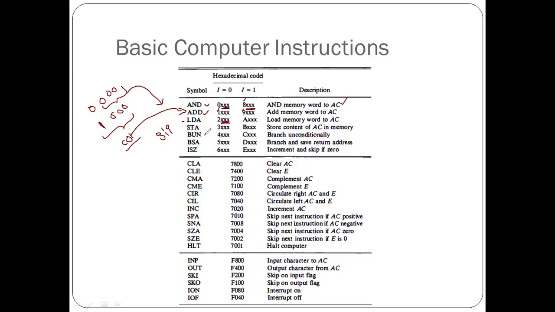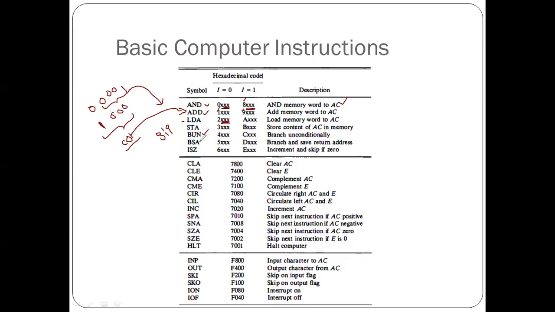The difference between these two: branch unconditional means we are branching to a specified address which is available in the remaining 12 bits. See, branch unconditionally means it will go to a specified address and execute from there. It won't come back to the location where the branch was called.